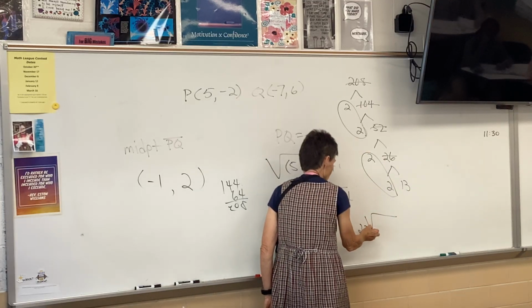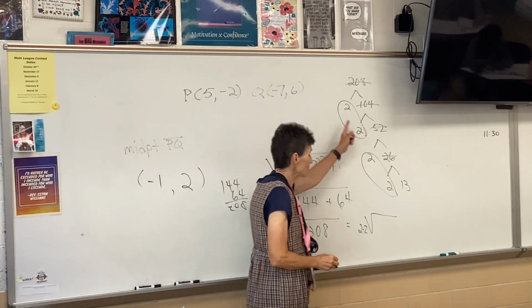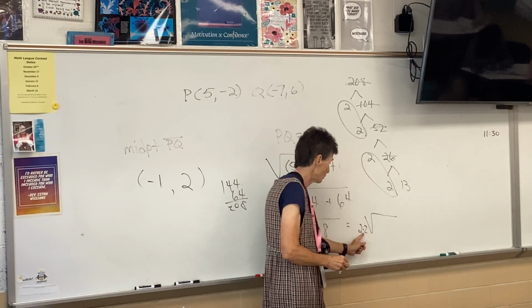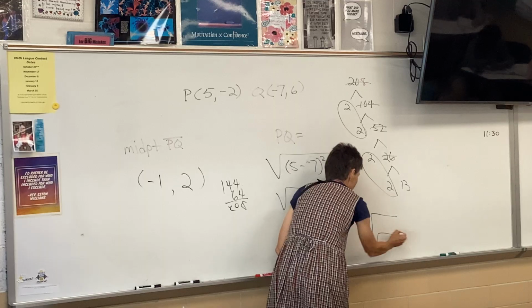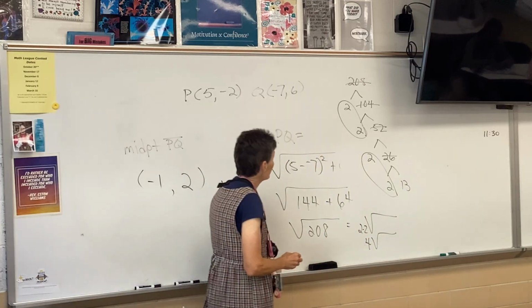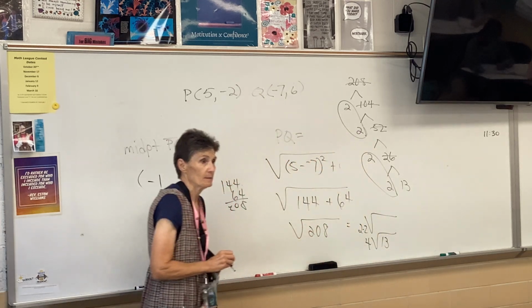So another 2 is going to come out. And everything here is multiplied. 2 times 26, 2 times 13, it's all multiplied. So a total of 4 is going to come out, 2 2's. And the only thing left, it looks like, is the 13.